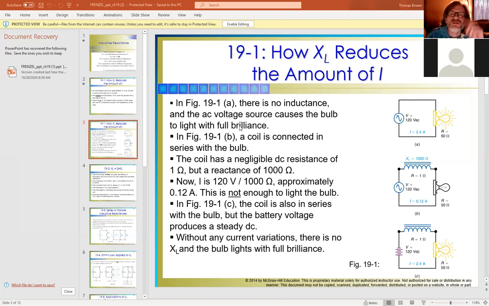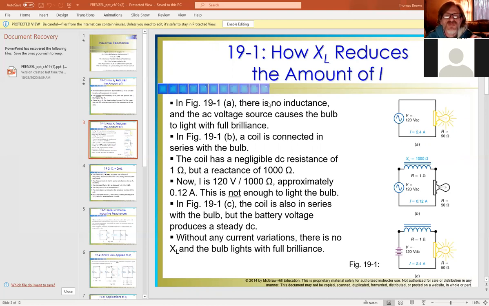So let's take a look at his statements here. If we look at figure 19.1A, there is no inductance. The light bulb is glowing at the full brilliance that it's allowed to glow. But in the middle one, the coil is connected in series with the light bulb. And as he states here, the coil has pretty much no DC resistance, right? 1 ohm, which is pretty minimal.